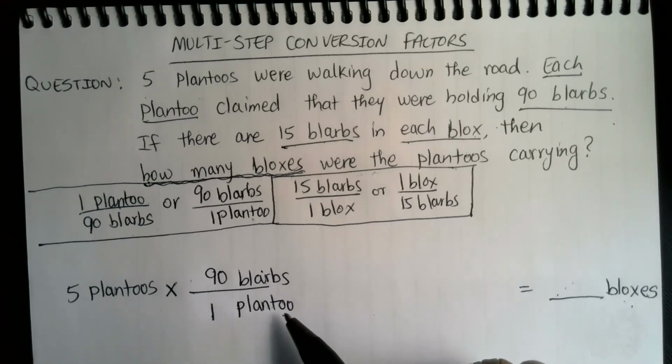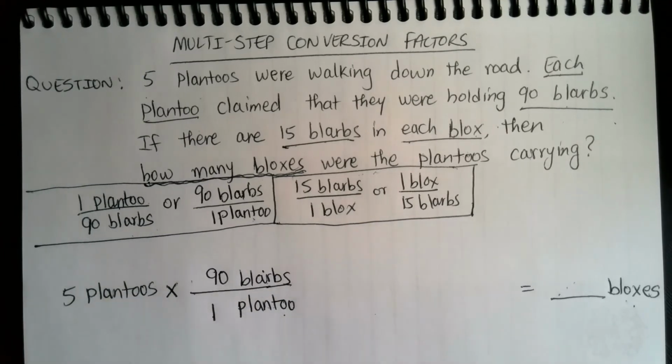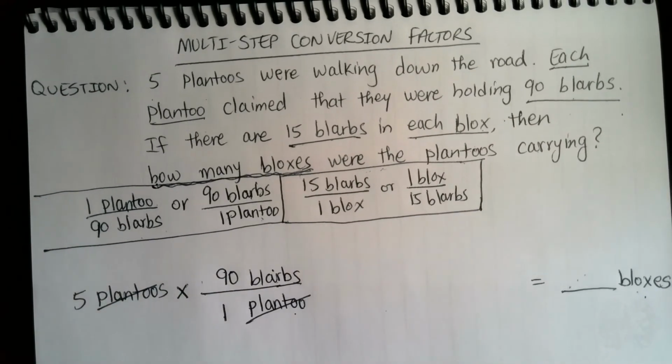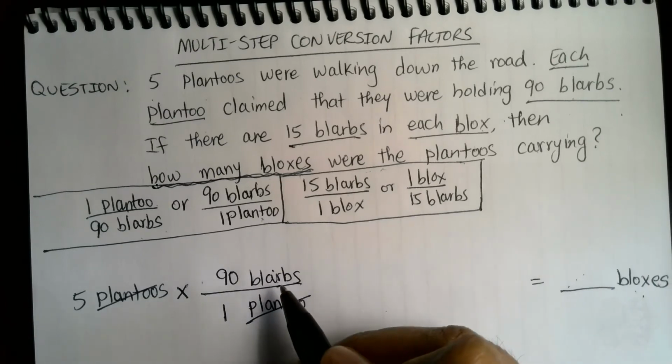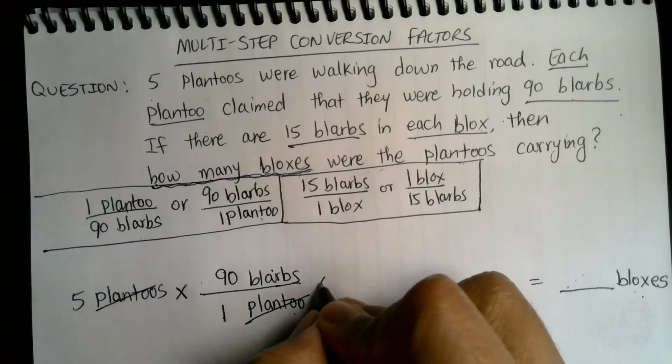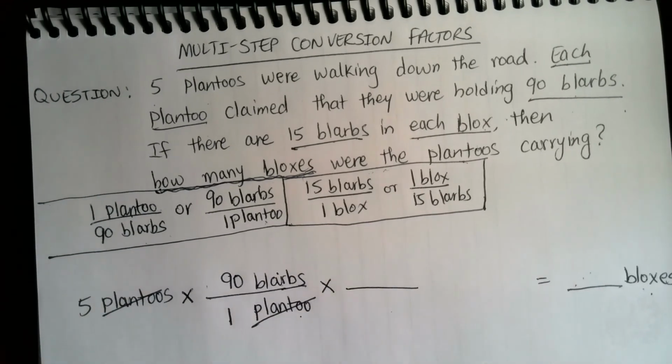I don't want Plantus for sure, so what can I convert it to, right? I can convert it to blarbs. Plantus and Plantus will cancel. Now I have blarbs. If the question asked for blarbs, this would be my answer. I'll just do 5 times 90 blarbs. That's not what the question is asking, so I continue.